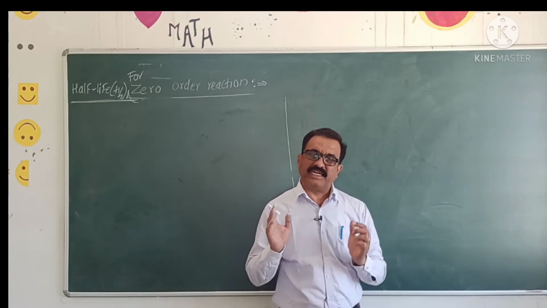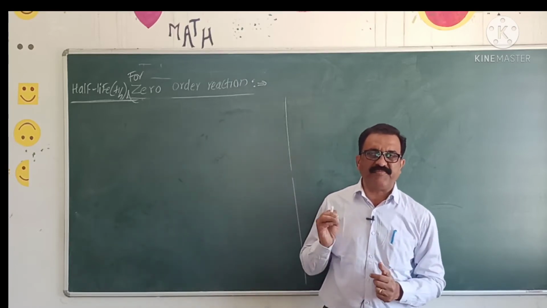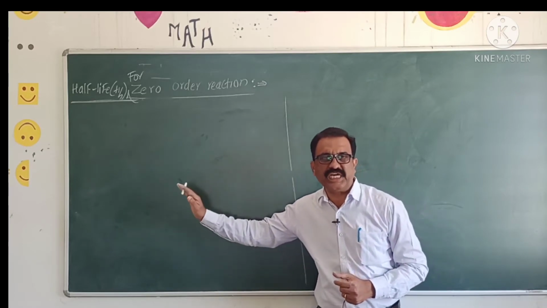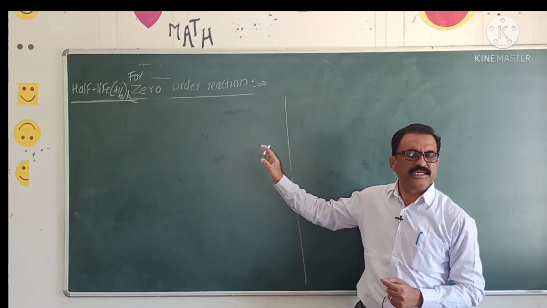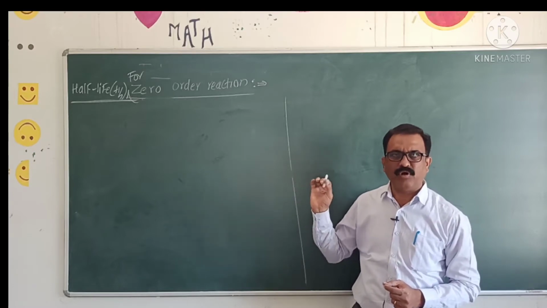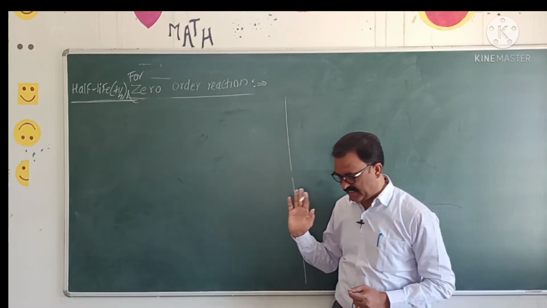That is the time in which 50%, one half part, of the initial concentration of reactant is converted into the product, known as the half-life of a given chemical reaction.